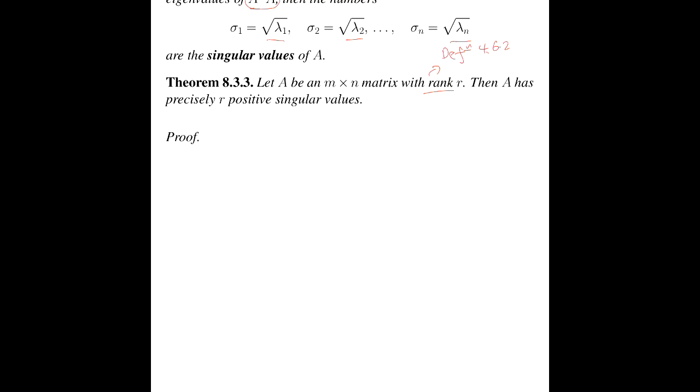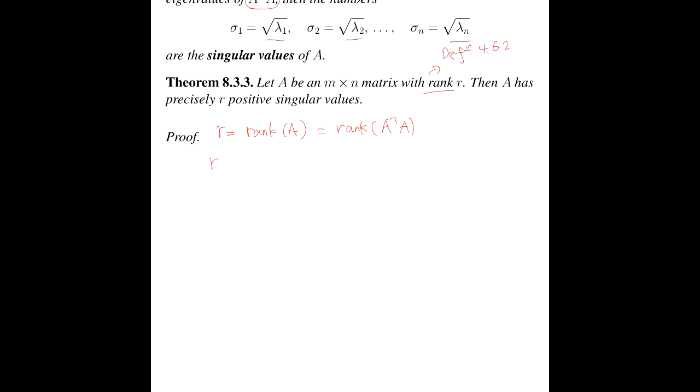So let's say R is the rank of A. There's a theorem, I don't remember which one, proved in previous chapters, that says the rank of A is equal to the rank of A transpose times A. You can find this in the lecture notes. So R is also the rank of A transpose times A.